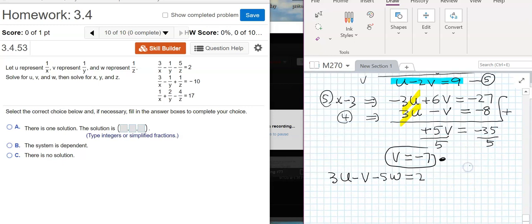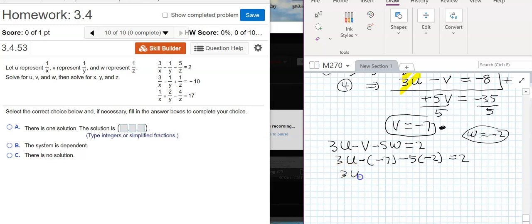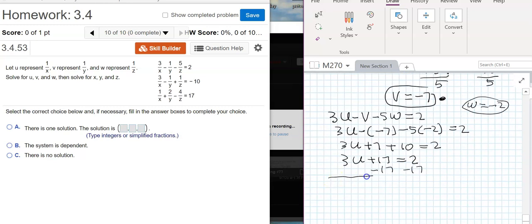So 3u plus 7 minus 5 times negative 2 equals 2. So 3u plus 7 plus 10 equals 2, so 3u plus 17 equals 2. Subtract 17 and I get 3u equals negative 15. Divided by 3, I get u equals negative 5.